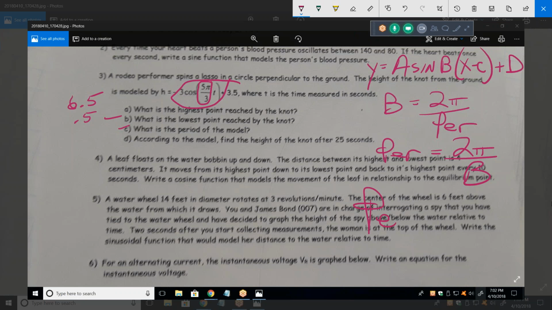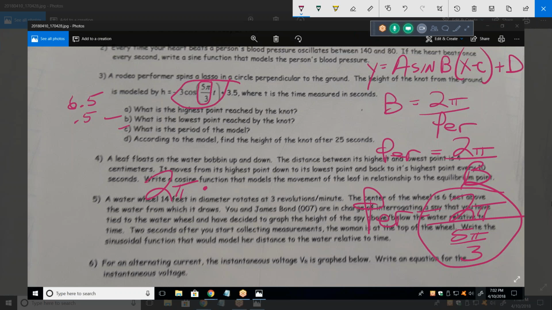So the period equals 2 pi divided by b, which is 5 pi over 3. You better be good with your algebra here, because you're always going to be dividing by fractions. Okay? So what's that answer right there? So we're going to turn it into a multiplication problem.